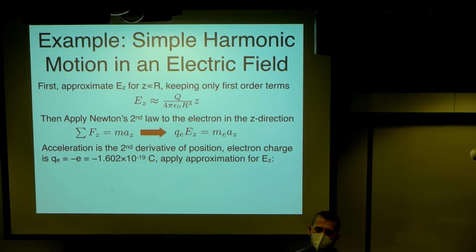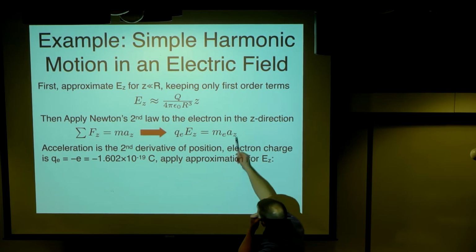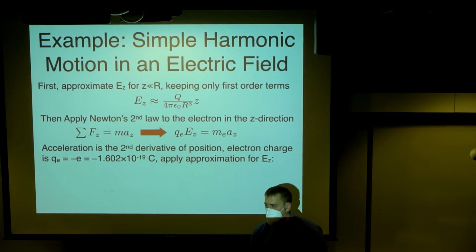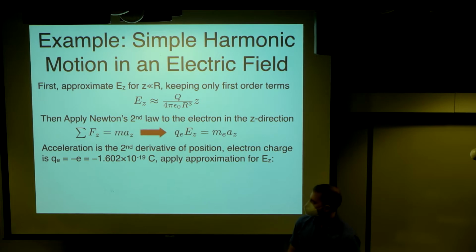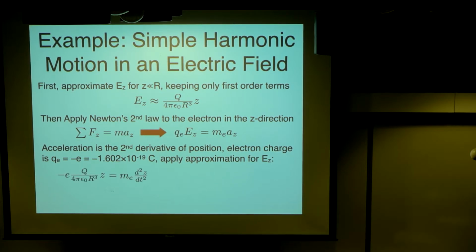You can think of it in a couple different ways, but it's the rate of change of velocity. You can think of it as the first derivative of velocity or the second derivative of position. So we could write the acceleration right here as the second derivative of z with respect to time. And that's what we'll do. Okay, so we're just making those substitutions in this equation.